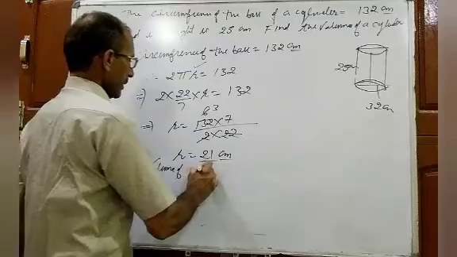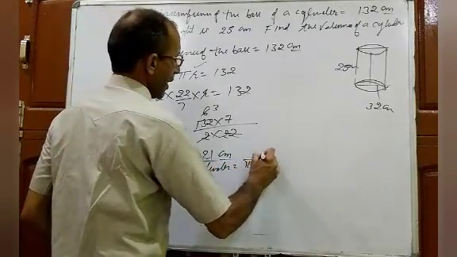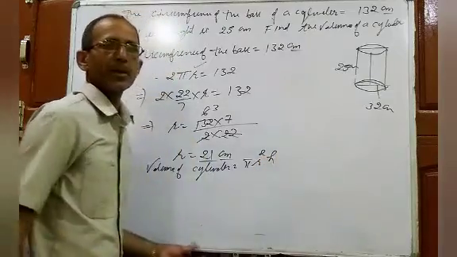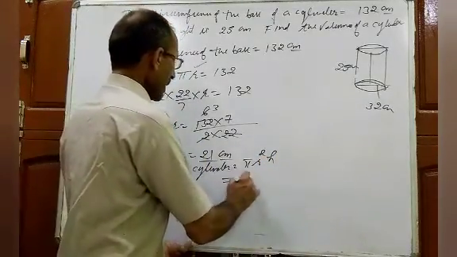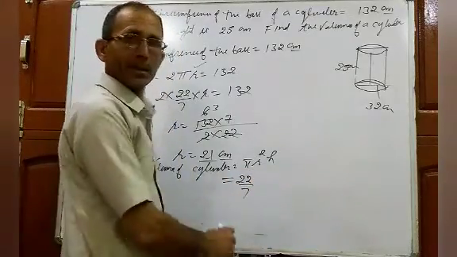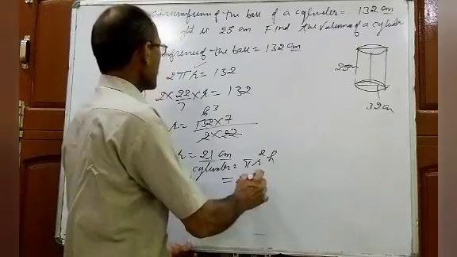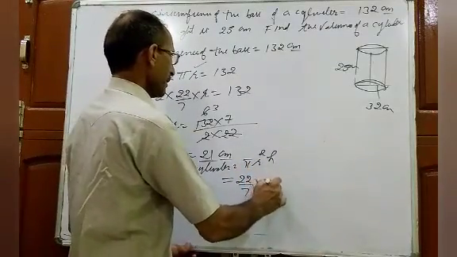Volume of cylinder is pi r square h. The value of pi is 22 by 7. The radius is 21.